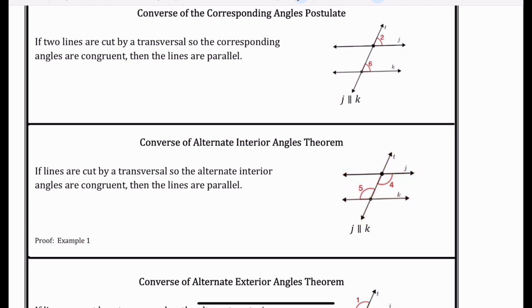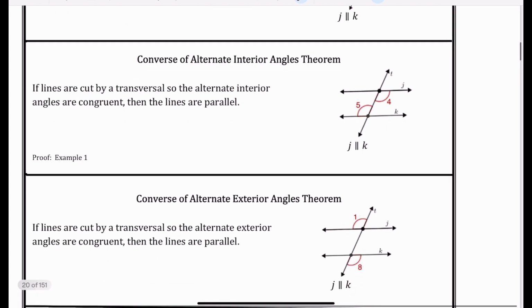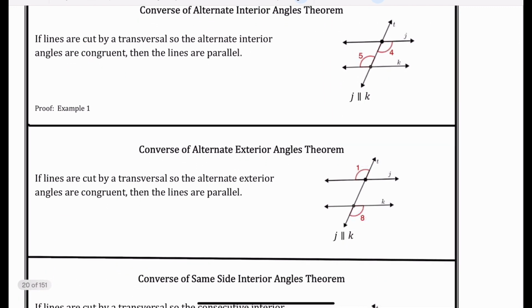So this works both ways. The converse of alternate exterior angles also works both ways. If lines are cut by a transversal so that the alternate exterior angles are congruent, then the lines have to be parallel. And this would be the converse.